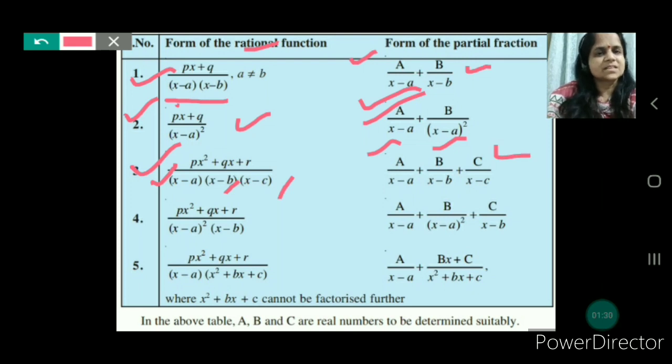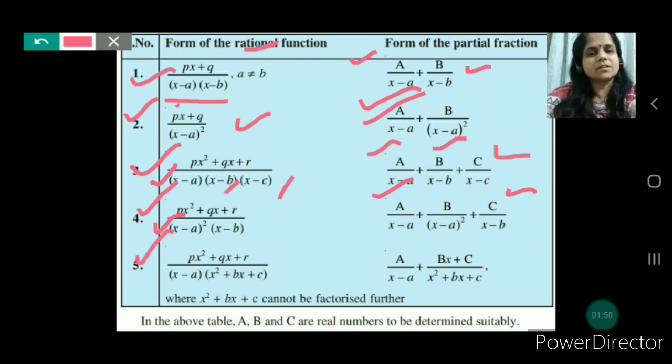Now next, if in the numerator there is px square plus qx plus r and in the denominator it is (x minus a) whole square into (x minus b), it means there are three factors. So take A by (x minus a) plus B by (x minus a) whole square plus C by (x minus b).